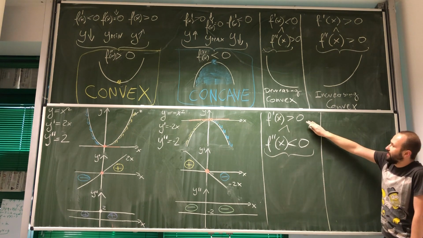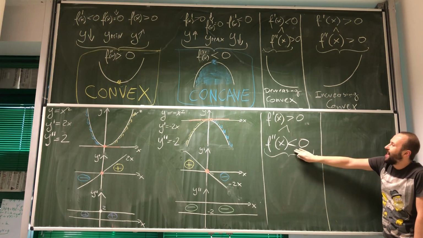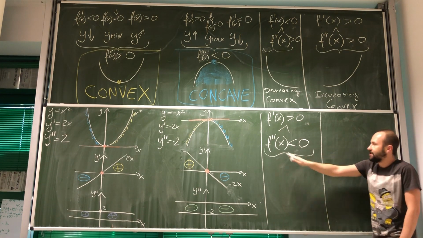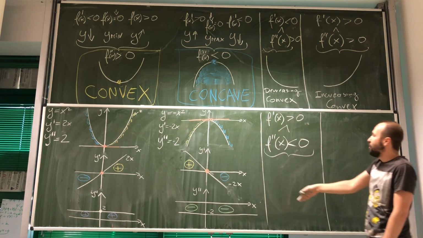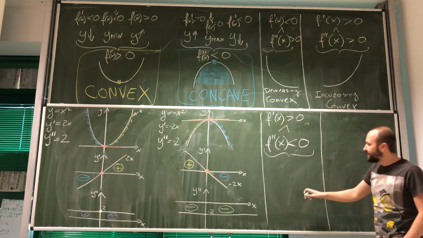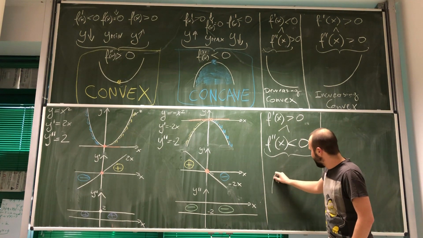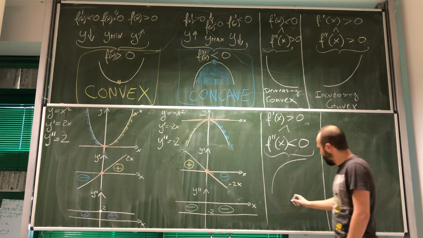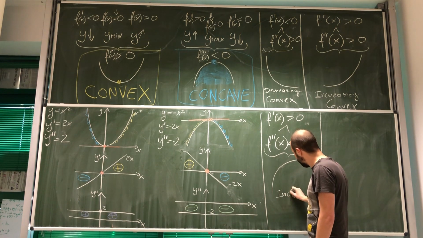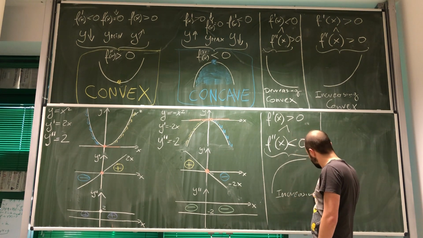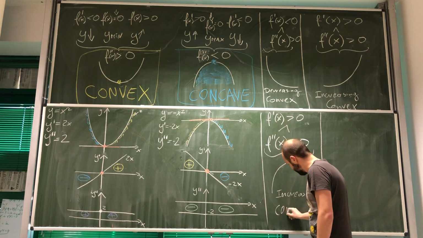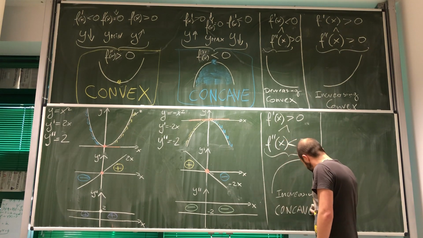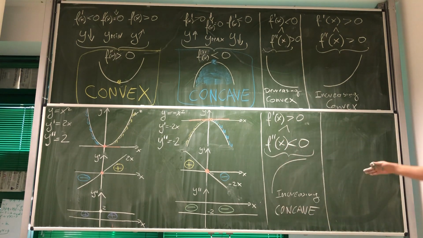Look, the function must be increasing, but the value of the first derivative is getting smaller because the first derivative is downward sloping. So the function is increasing, but it's increasing slower and slower. So this shape we're going to call increasing concave, which of course is like a part of a cave.